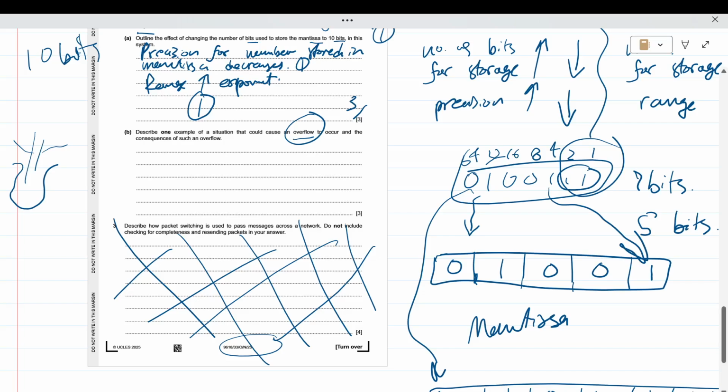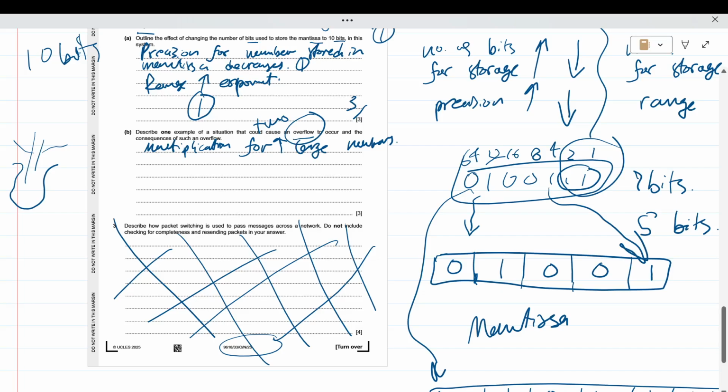Now, first you have to write what situation can cause this: multiplication of 2 large numbers. I'm writing very rough here just so that I can give you an overview. You know what? It's not like you have to memorize these points individually. It's more about concept, right? One thing leads to the other.